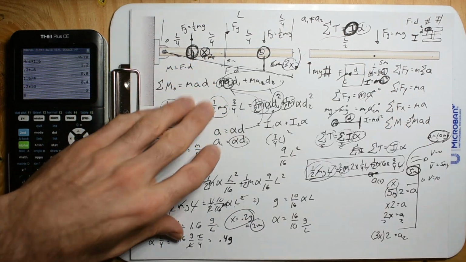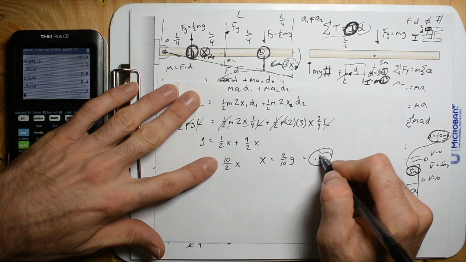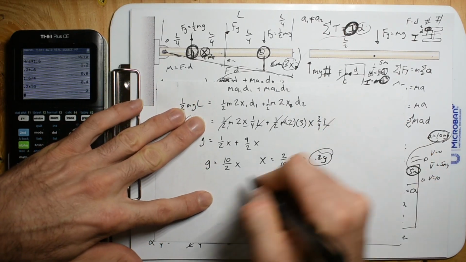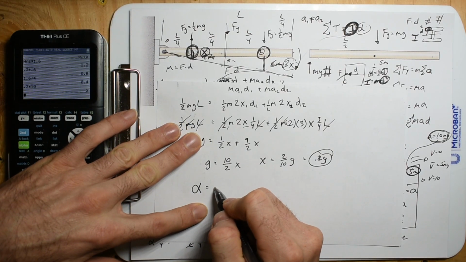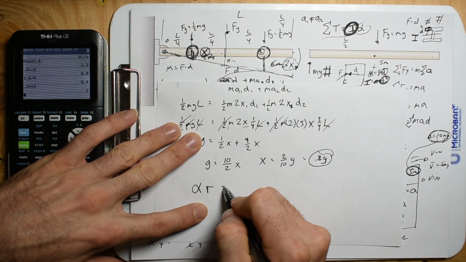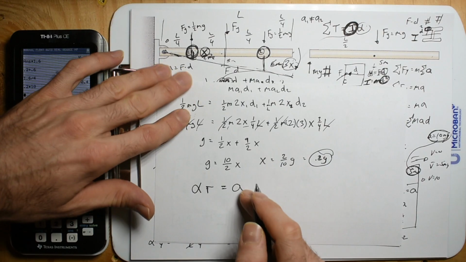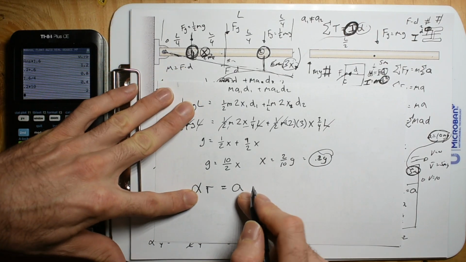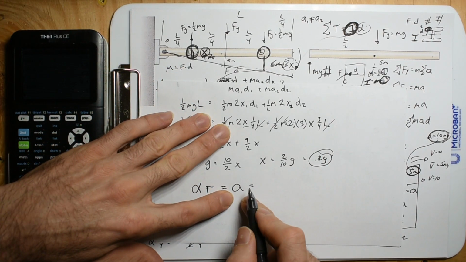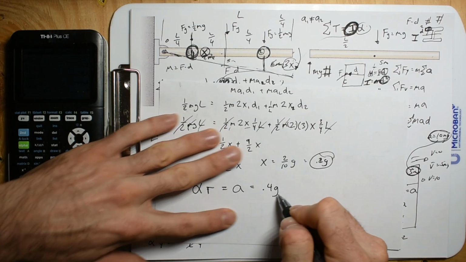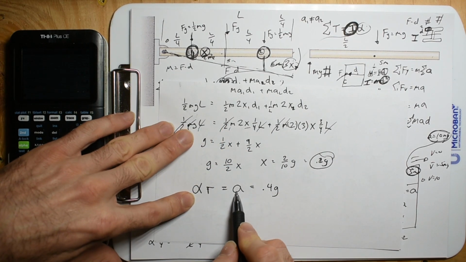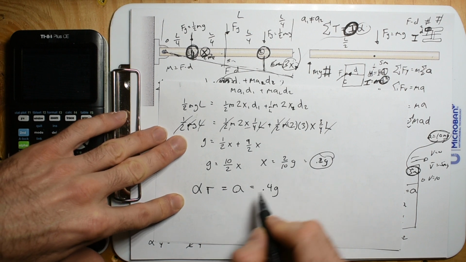And yeah, so then if we know that distance is going to be 0.2 g, we can use our equation for angular acceleration: angular acceleration times the radius is the acceleration at that point. And we know the acceleration at that point is going to be 2 times this distance. So we're going to have 0.4 g.